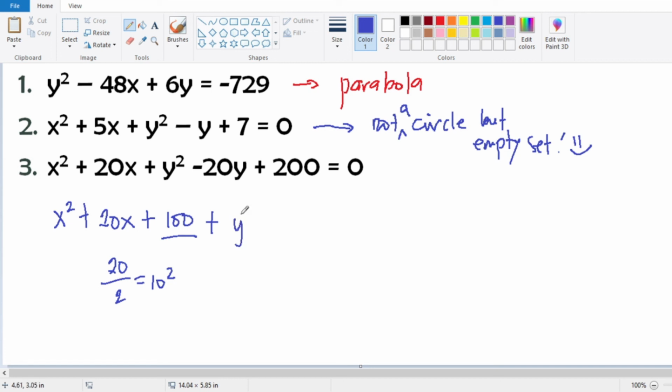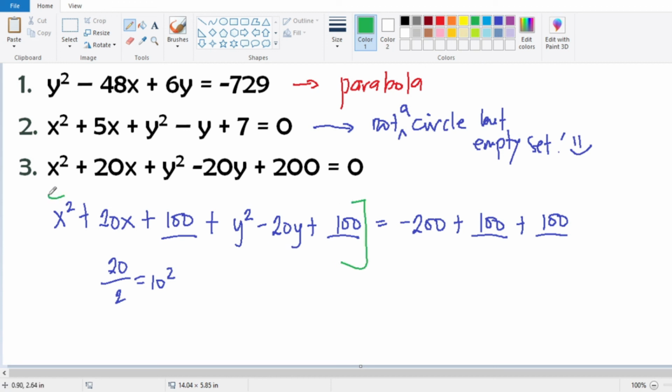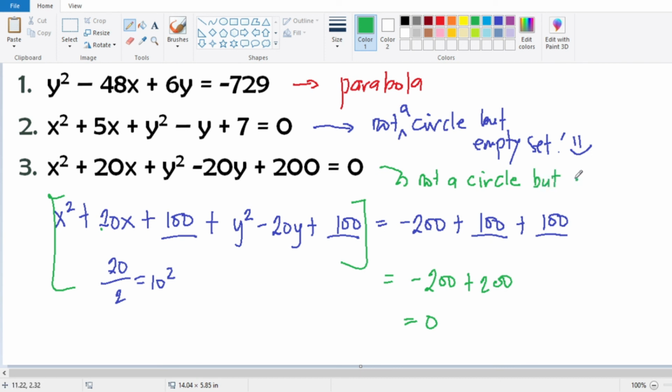And then plus y squared minus 20y plus again 100 is equal to negative 200 plus the missing number na 100 and another missing na 100. So again, disregarding this part already of the equation, 0 na siya. Which means then that this is not a circle, again, okay, but a point.